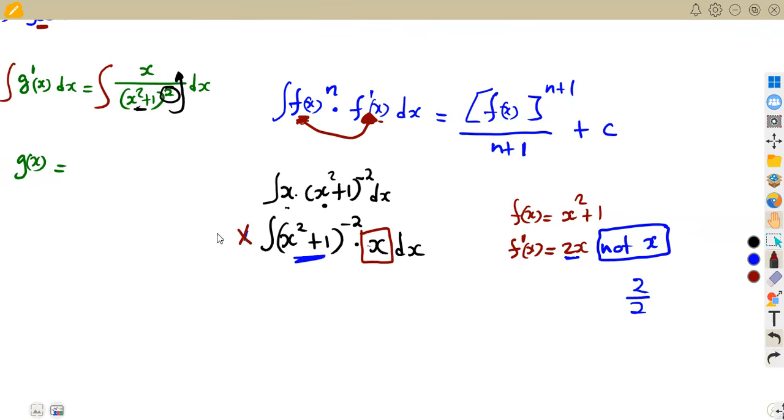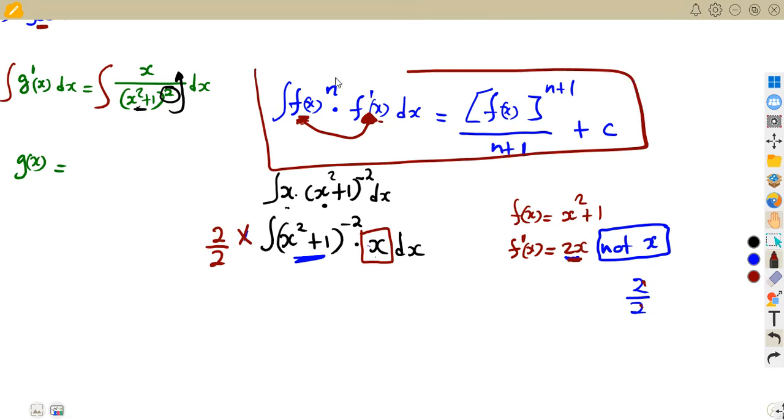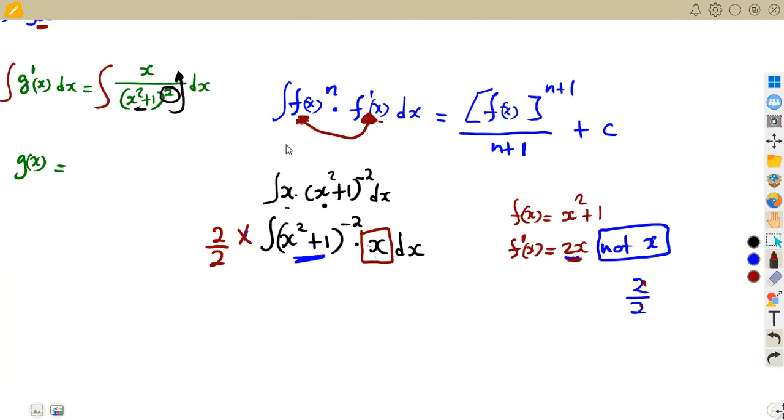What we want to target is that if this 2 multiplies this x, it gives us 2x, so that we can apply this law, because this law only applies when this gives the derivative exactly, not when they are different, like this one which is giving us 2x.